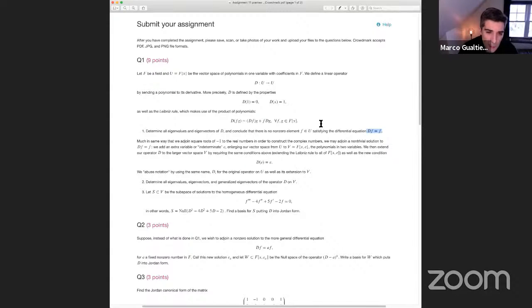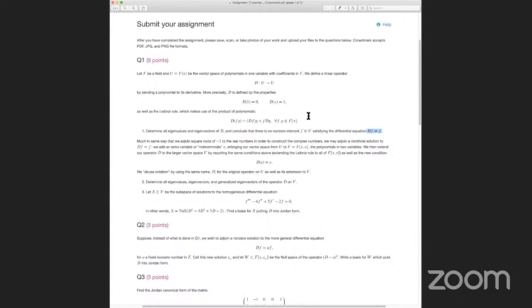It's still the case. D applied to 0 is 150 times 0. So it's not useful to think of 0 as being an eigenvector of anything. It's important that the eigenvector is non-zero. The eigenvalue can be 0. That's fine.